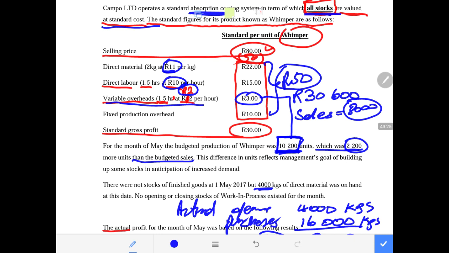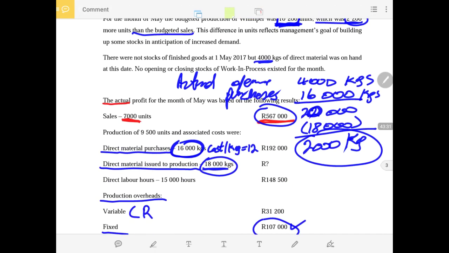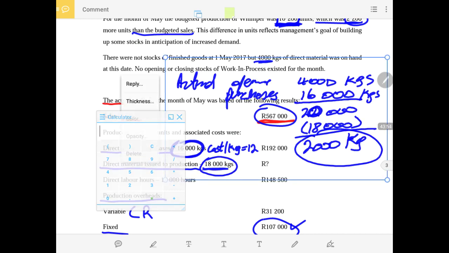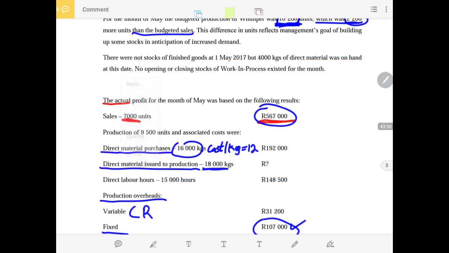Then after now we have this 11 rand, which we multiply from the 2,000, then we get the total of material. Let me just correct myself there. I'm not dealing with the material here. I am dealing with the completed units. Yeah, that was done already. I'm dealing with the completed units, not with the material.